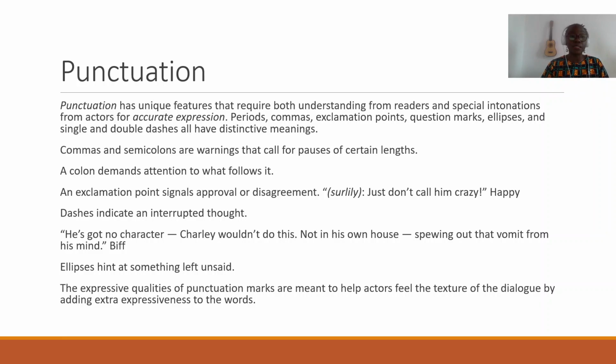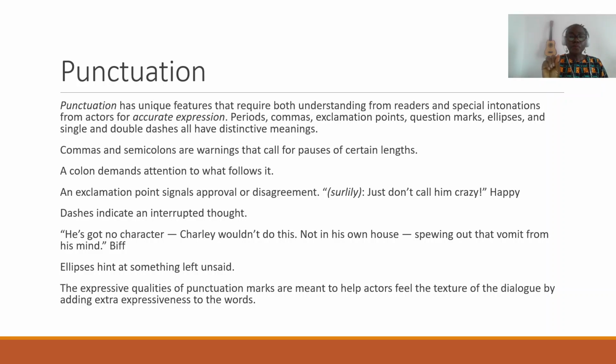It's a disagreement. And then dashes indicate an interrupted thought. "He's got no character. Charlie wouldn't do this." There's a dash. So instead of continuing with that thought, he's got no character, and explaining why he's got no character, he goes off to talk about Charlie wouldn't do this, not in his own house.